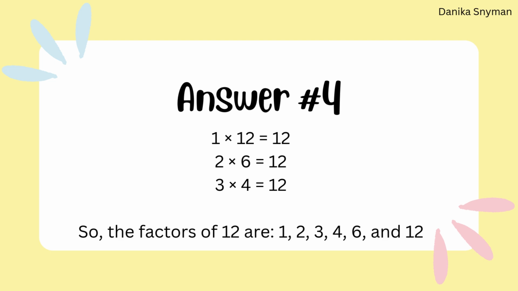And 3 times 4 equals 12. Do you see here? Now there are not just 4 factors, but in this case there are 6. So the bigger the number, the more factors there will be. So 1, 12, 2, 6, 3, and 4 are all factors. And if you want to write it in ascending form, it's 1, 2, 3, 4, 6, and 12.